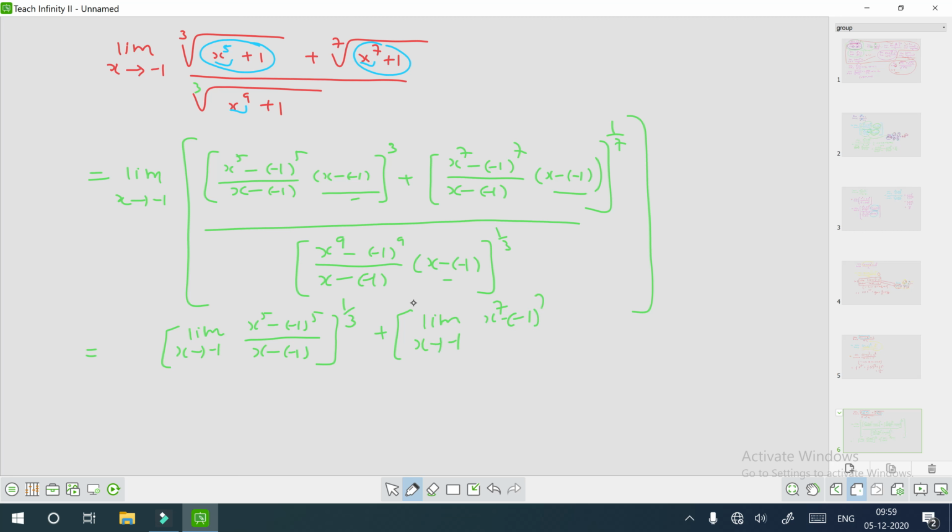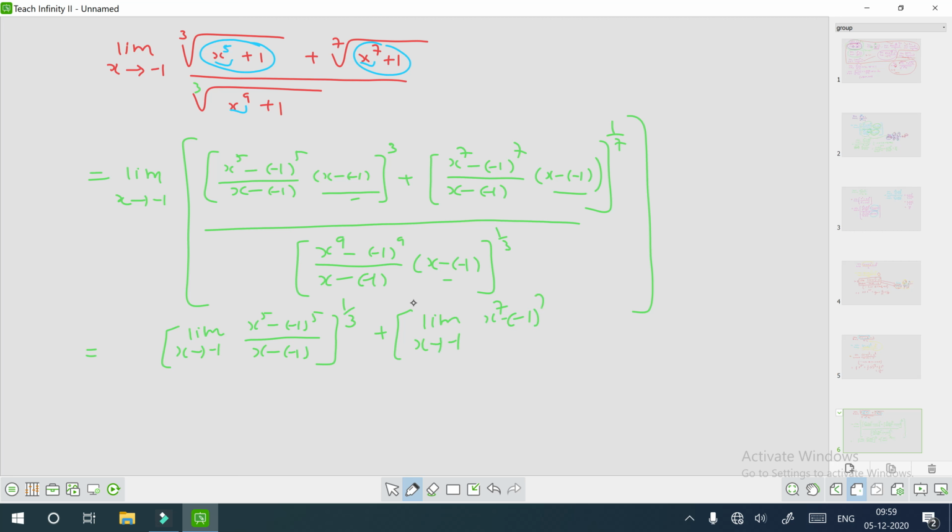Limit x tends to 2 of x raised to n minus 2 raised to n over x minus 2 is equal to 192, the answer is given. And we want the value of n.